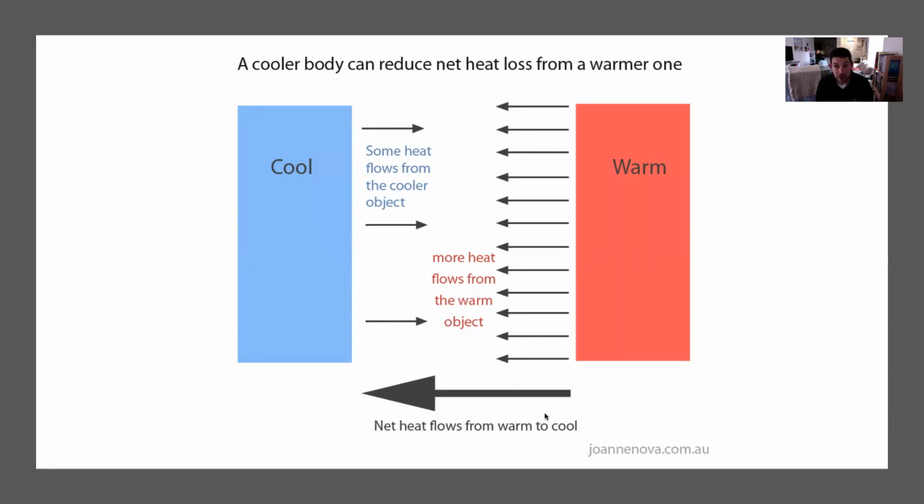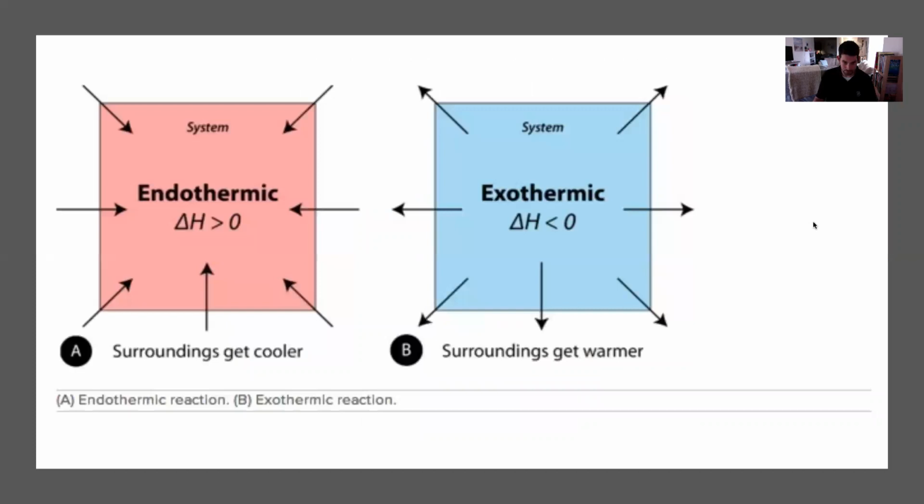So heat always flows downhill. It goes from something hotter to something colder. If they're at the same temperature, then we're at thermal equilibrium. All right. So think about it. If you put a really hot piece of metal in water, the water will heat up, the metal will cool down, right? But the heat will flow from the hot source to the cold source.